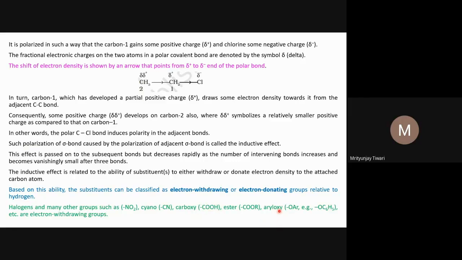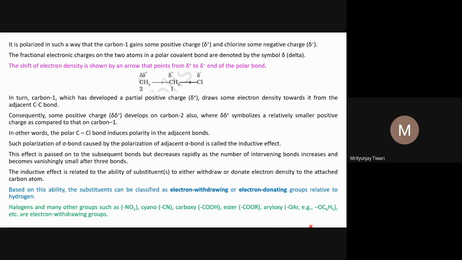Then the aryl oxy group. Aryl oxy is an aryl group and oxygen, like a phenyl group attached to an oxygen atom. Like phenol, if you remove the hydrogen atom from this phenol, you will get the aryl oxy group, the phenoxy group. This phenyl and this oxygen is the phenoxy group.